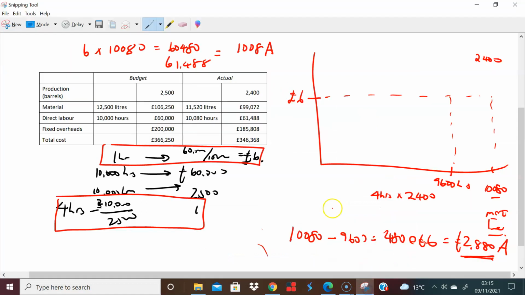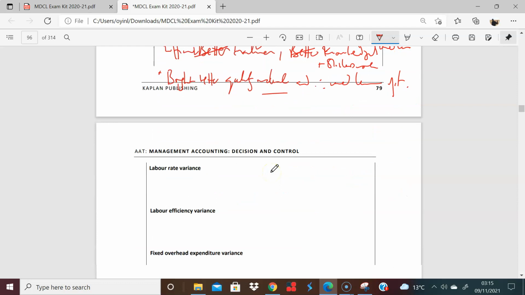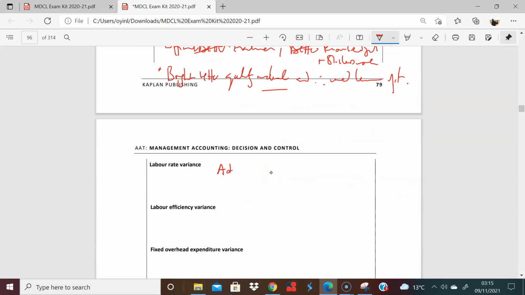So it's an interesting one. Remember, you're only suggesting. And I would argue that both are adverse. That means that we paid more for this resource, for labor, and they spent more time.